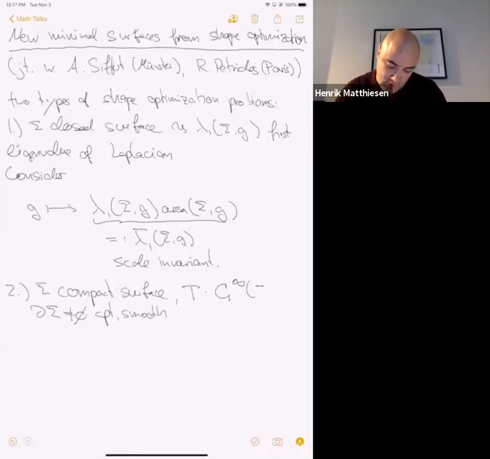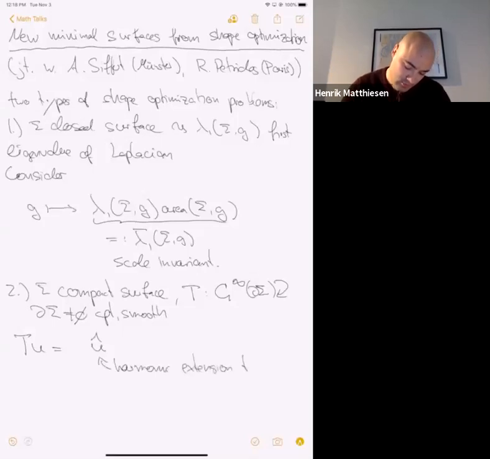The operator T takes smooth functions on the boundary and maps them to smooth functions on the boundary: given a function, you first take its harmonic extension to all of sigma, and then you take the normal derivative in the outward pointing direction.